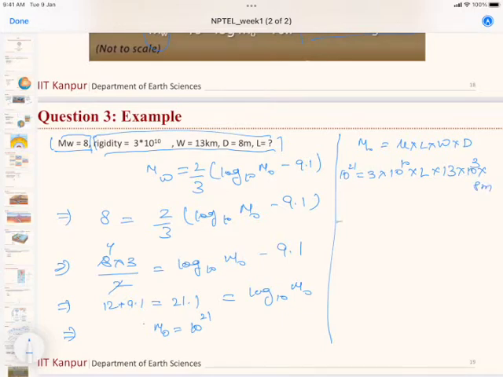And if we solve for L, it would be 10 to the power 21 divided by 3 into 10 to the power 10 into 13 into 10 to the power 3, and I think I've missed another quantity, that is 8.